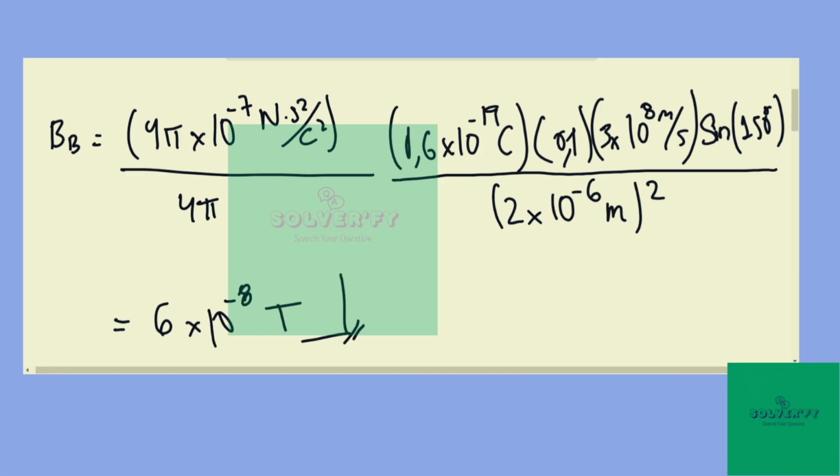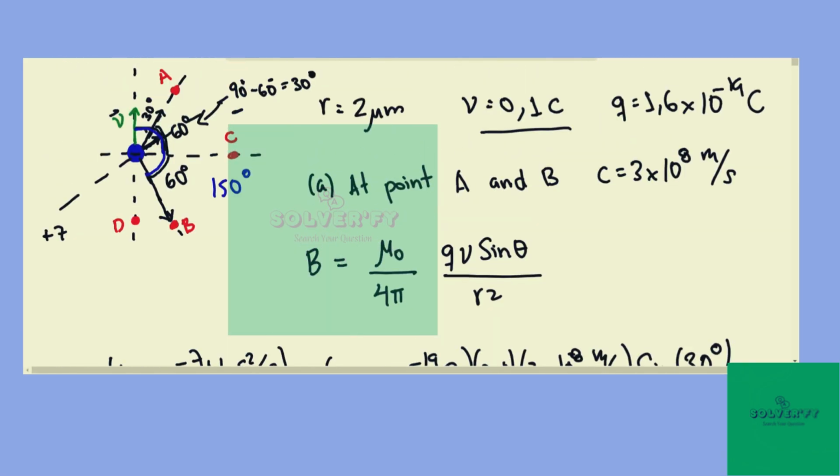Now, the direction, again, we put our right hand in the direction of the velocity, and we go from there to the vector r, and we will see that again that direction is inward.